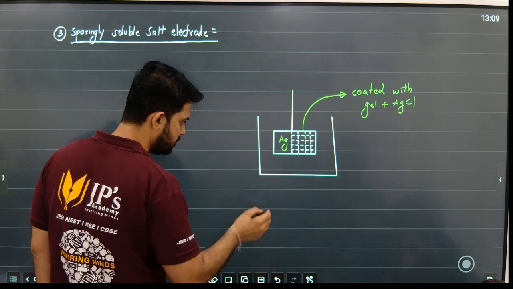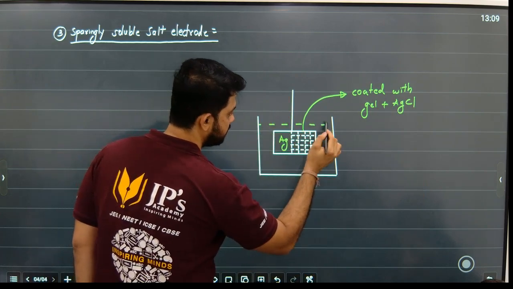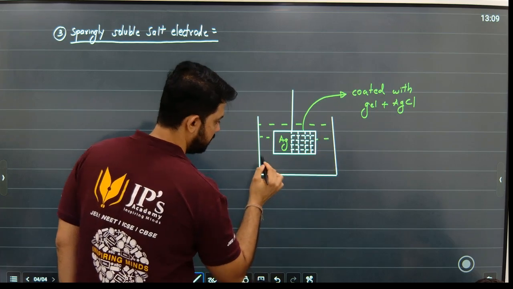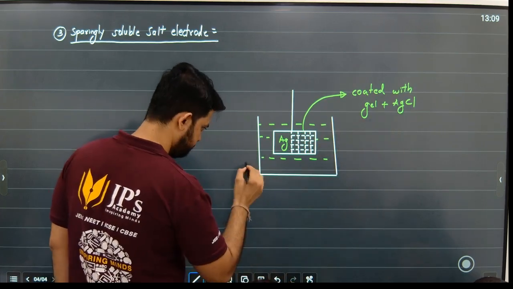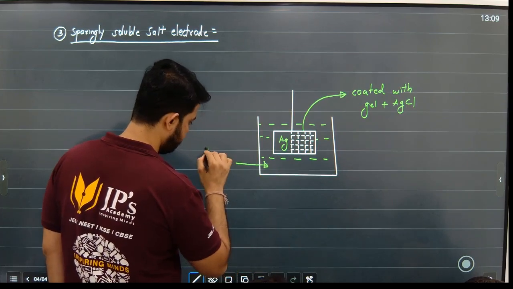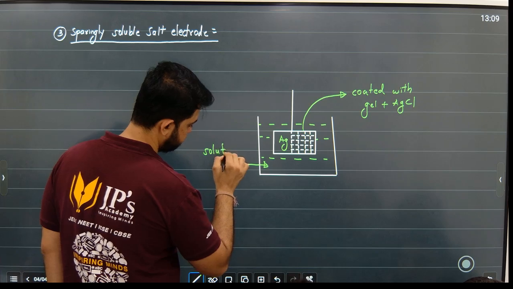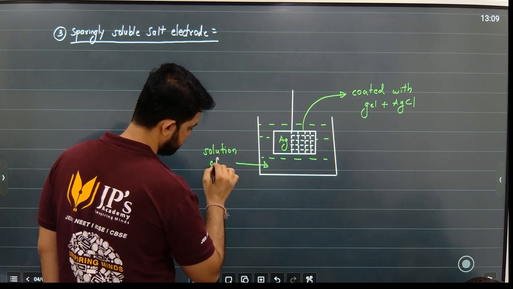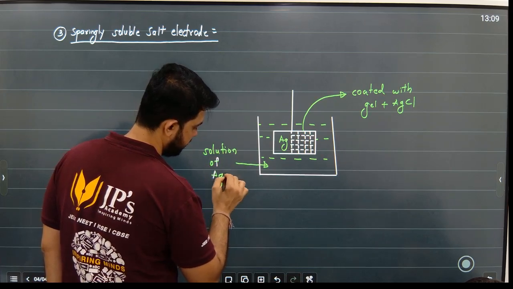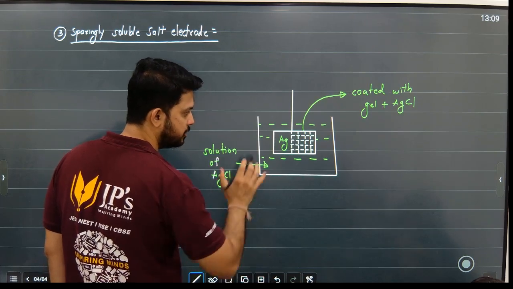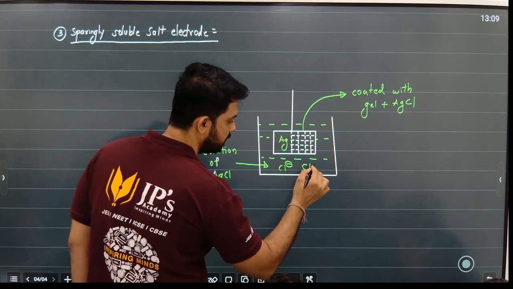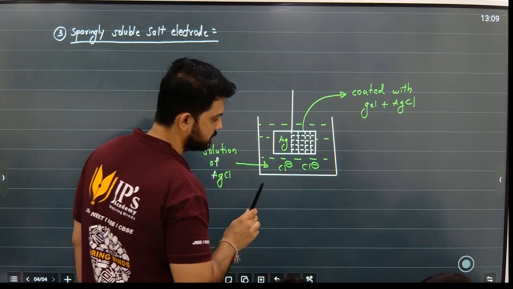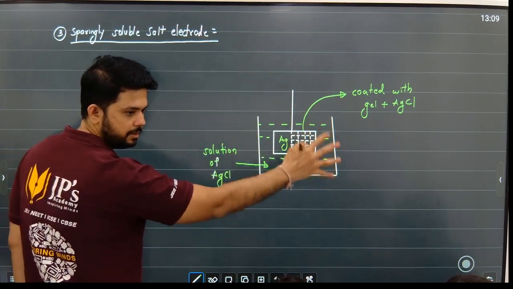And the solution will have a common anion. So what is the anion here? Cl minus. So you can see that यहाँ पे we have a solution of AgCl. So which ions are present in the solution? Cl minus. Did you understand the setup?